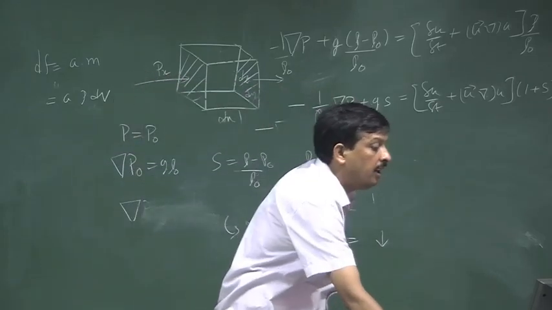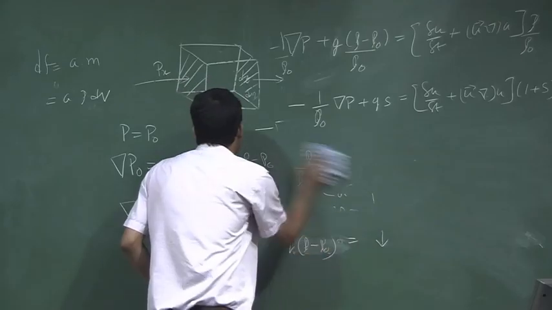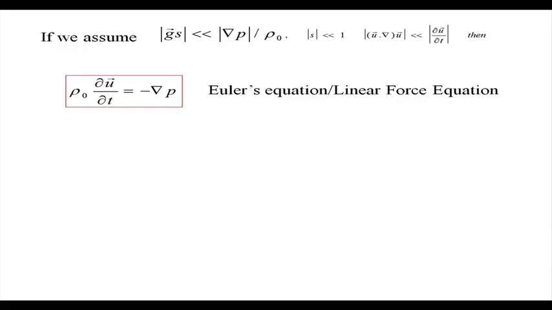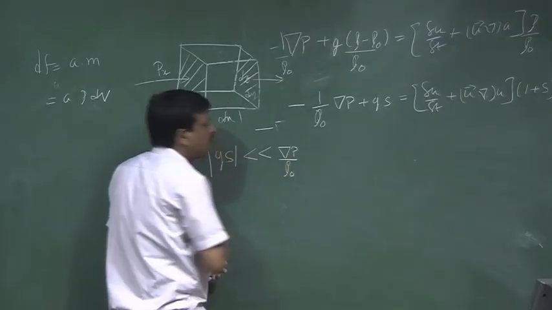Now, consider the limitation. What is the limitation I said? Now, there is a term I have defined. What is the limitation? We said the amplitude of g into s, since it is a vector, let us consider very much less than del p by del rho 0.